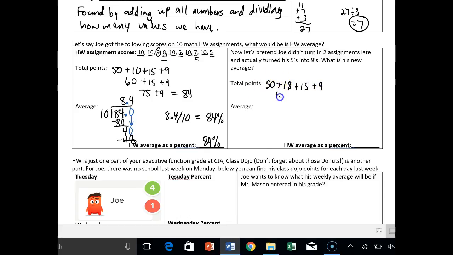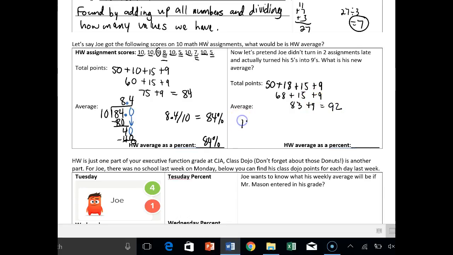These add together give us 68 plus 15 plus 9. So I'm thinking in my head 68 plus 10 was 78. 78 plus 5 more would be 83 plus 9. And when I add 83 plus 9, I get 92.